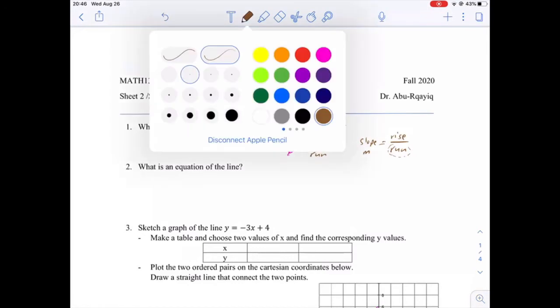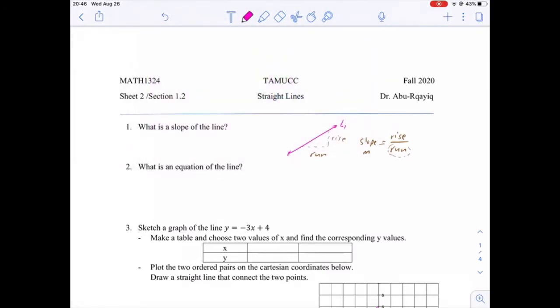So we determine 2 points on that line. Say this point, let's call it x1, y1, and this point, let's call it x2, y2. After determining these 2 points, we find this distance and this distance, or this length and this length. This distance starts at the height y1 and ends at height y2.